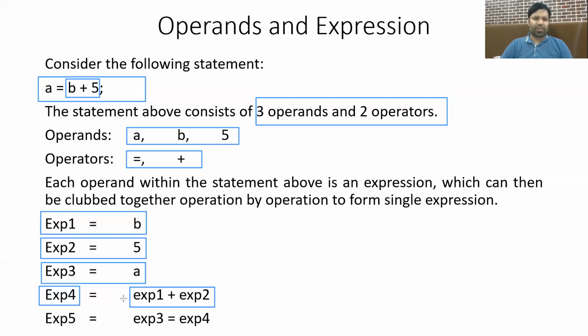So what is expression 4? Expression 4 is actually B plus 5. So we are going to assign the expression 4 to A. And what is A? A is expression 3. So what eventually becomes expression 5, or expression 3 directly, is equal to expression 4. So rather than using the expression 5, you can directly write expression 3 is equal to expression 4.